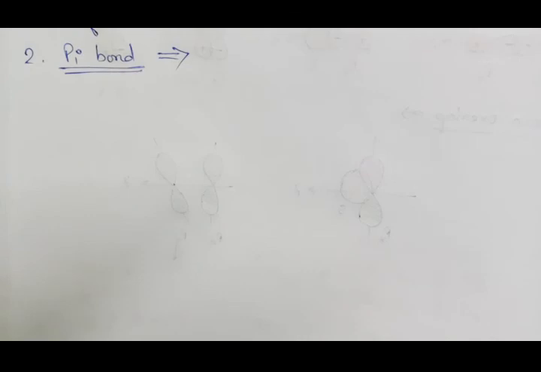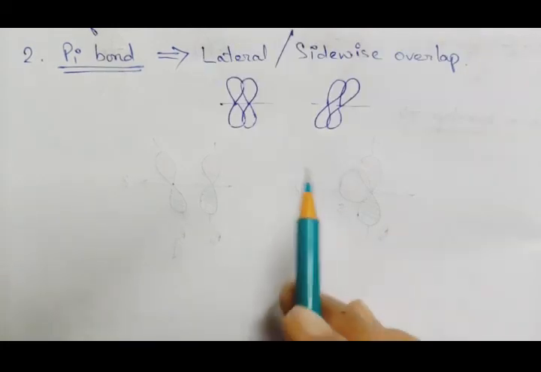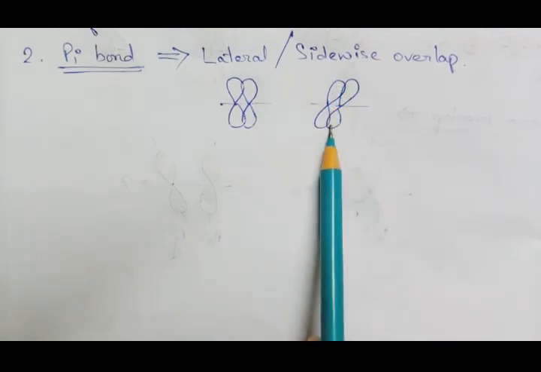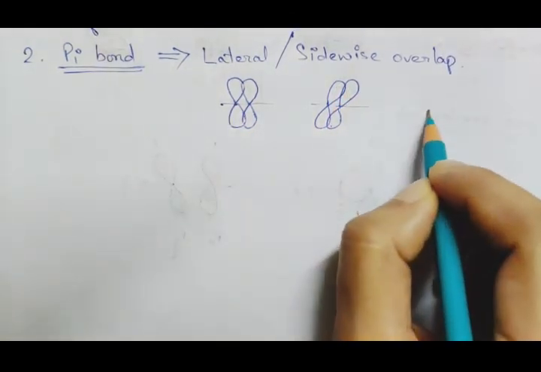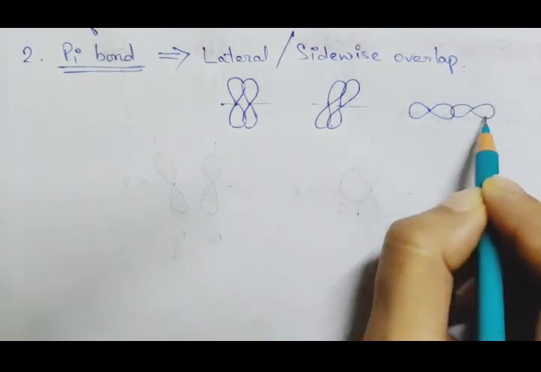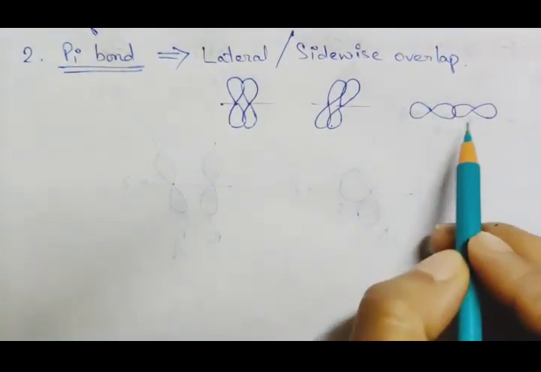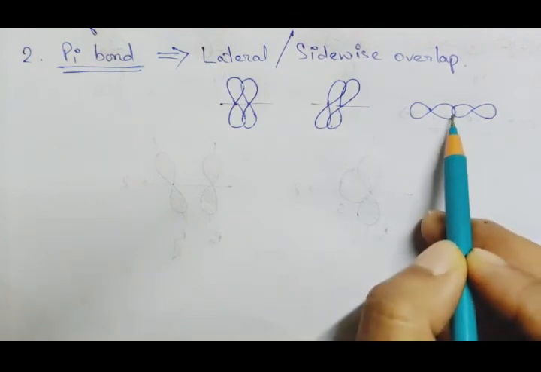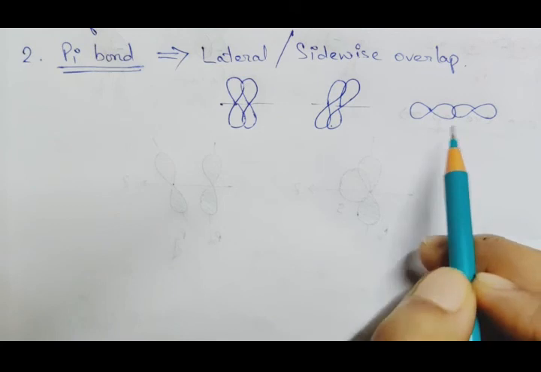Pi bond is formed by the lateral overlap or the sidewise overlap of the atomic orbitals. So the sidewise overlap or the lateral overlap takes place in this way. We cannot include the orbitals in this way, because if the two separate pz orbitals get overlapped, then this will give rise to the formation of the sigma bond, because there is the head-on overlap.